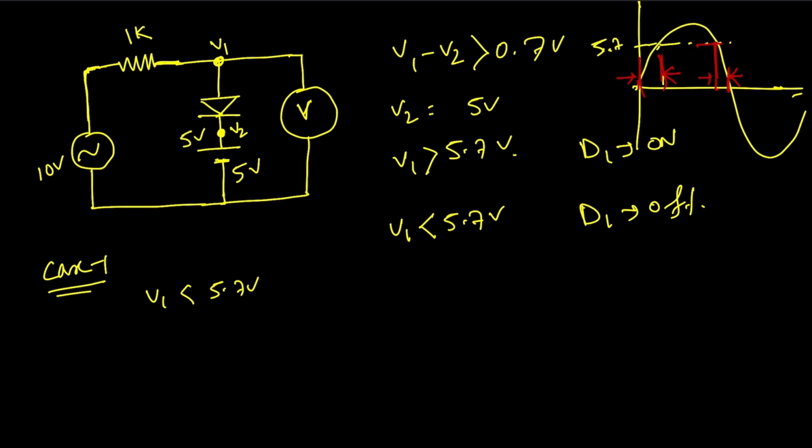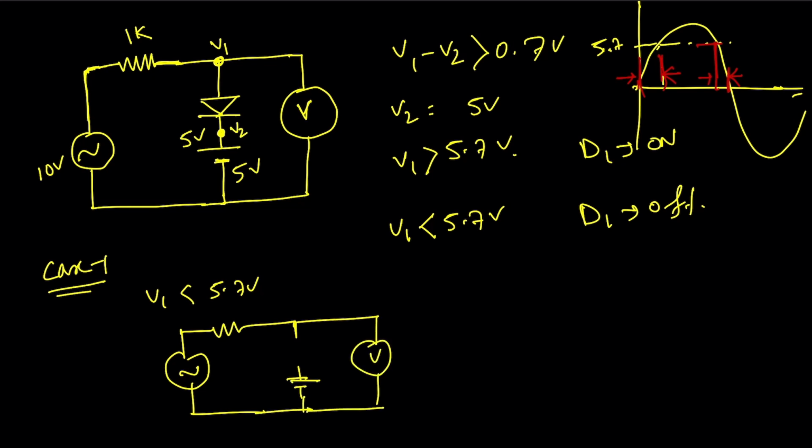When the diode is turned off, whether this is a practical diode or the ideal diode, it will act as an open circuit. So the circuit will look like this. We all know that the resistance of the voltmeter is infinite. That means no current will flow through this circuit, as the diode is open and we have a voltmeter.